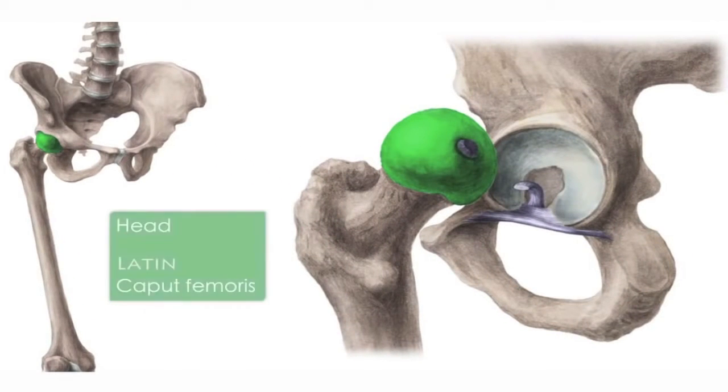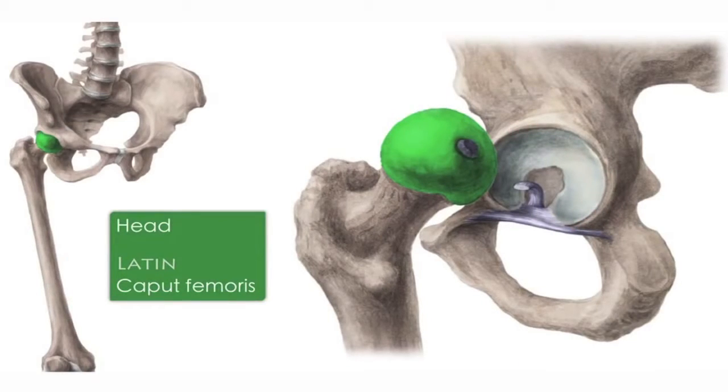It is known as the head of the femur. And I already talked a little bit about this element. What you need to know is this is the ball part of the ball and socket hip joint. Now this is going to be articulating with this portion here of the hip joint known as the acetabulum. Very important part.